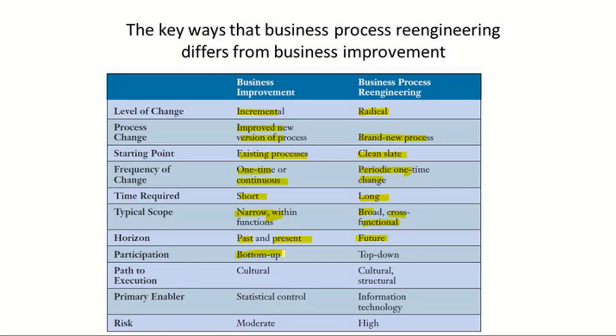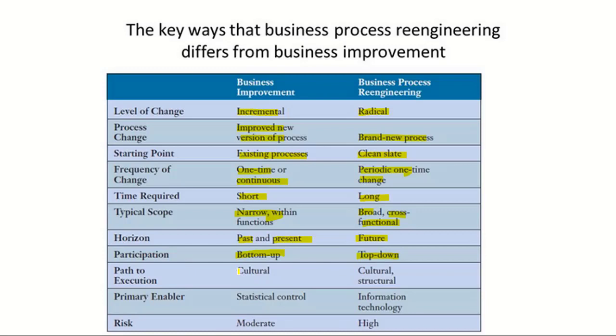Participation is bottom up for business improvements, while for business process reengineering it is top down. You are trained here to become managers, team leaders, and future department heads, so you must know what business process reengineering is, because it will come from the top level of management going to the operational management.